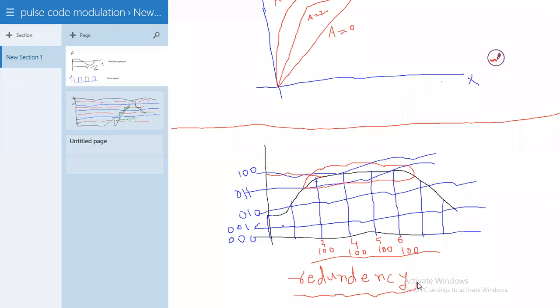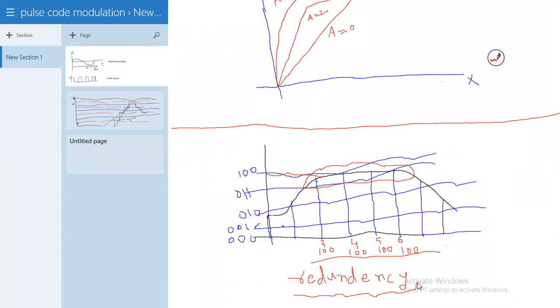So there is a possibility: if adjacent symbols are repeated, we transmit only one time, and if the next symbol is also the same, we do not transmit it. Again, if the next symbol also has the same value, it is not transmitted. If we don't transmit like that, the number of bits per second is reduced. Due to that, the bandwidth is reduced. Do you understand what the drawback present in PCM is, and how it is eliminated?